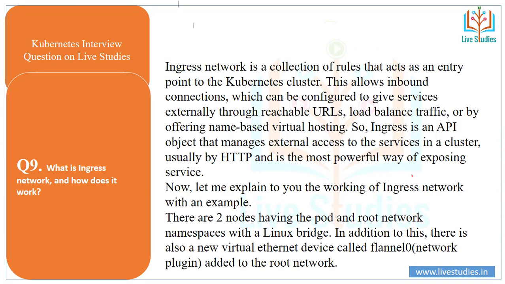Another question is, what is Ingress network and how does it work? Ingress network is a collection of rules that act as an entry point to the Kubernetes cluster. This allows inbound connections, which can be configured to give services externally reachable URLs, load balance traffic, or offer name-based virtual hosting.